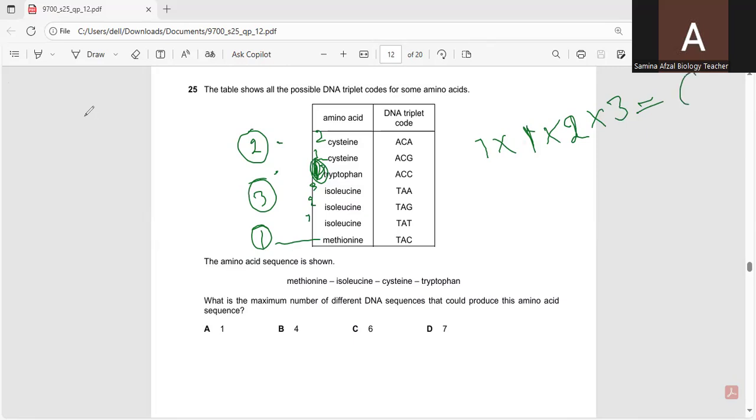So it will be equal to 6. How? Cysteine is 2 times, isoleucine is 3 times, tryptophan is 1 time, and methionine is 1 time. So in this way, we will multiply the number of sequence possibilities.